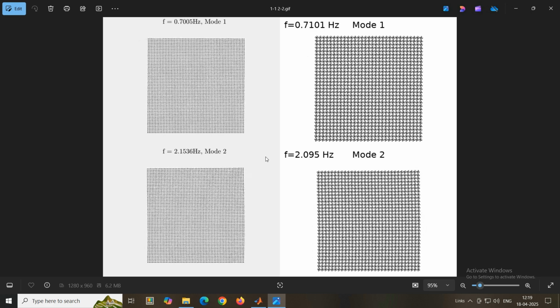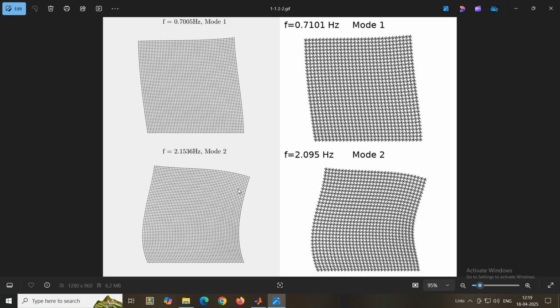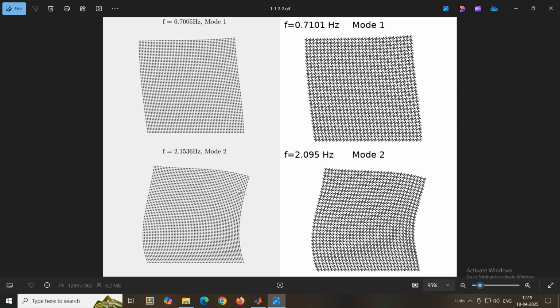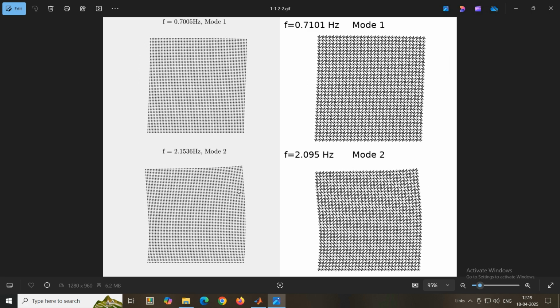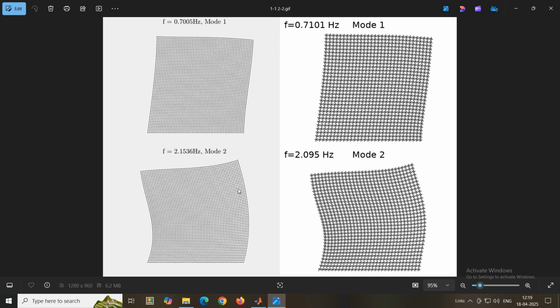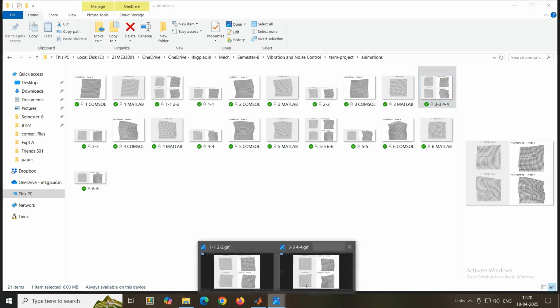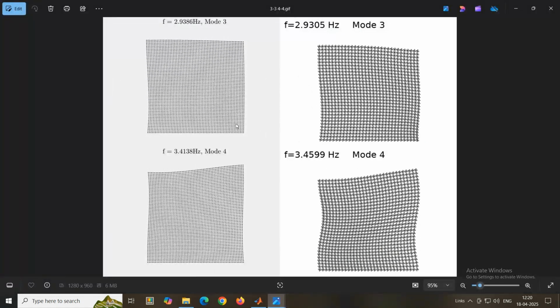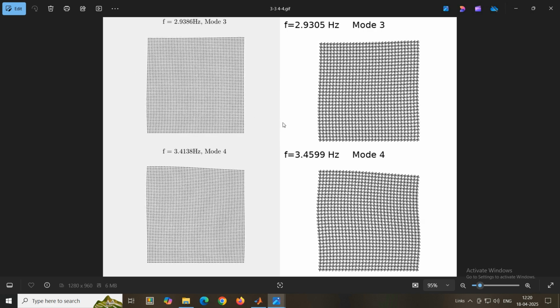The MATLAB results are able to capture the mode shape quite well. The natural frequencies are also matching. But for higher mode shapes, MATLAB is not able to capture all the details.